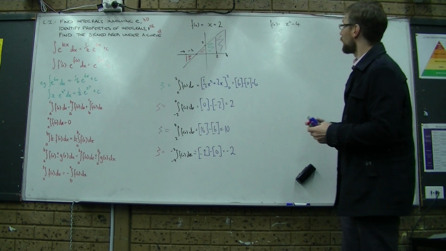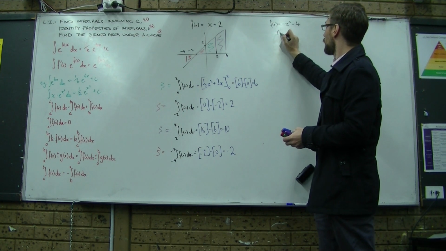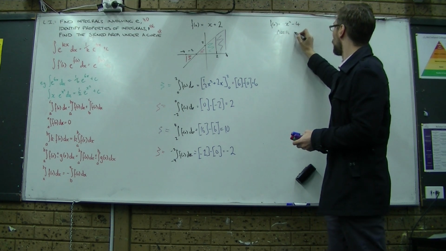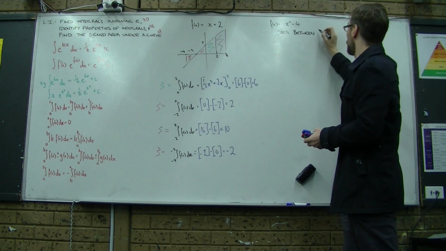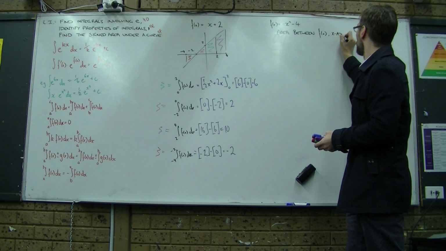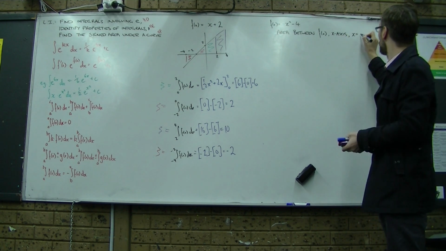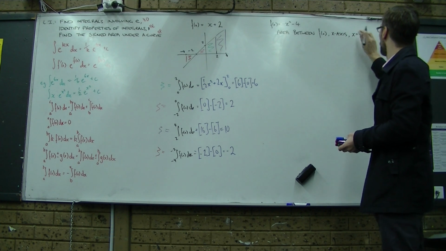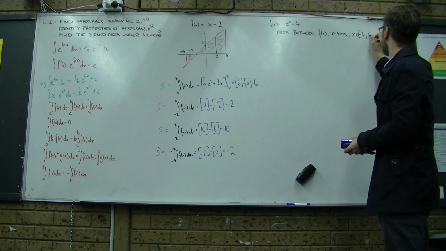To highlight exactly that, let's take this, and I'm going to say I want the area between this function, the x-axis, x is an element of negative 4 to positive 4.